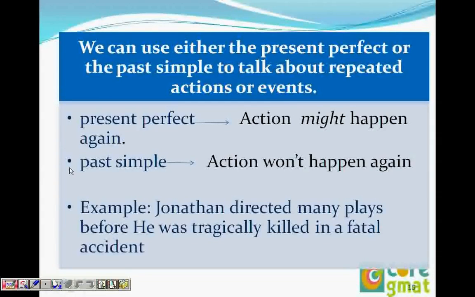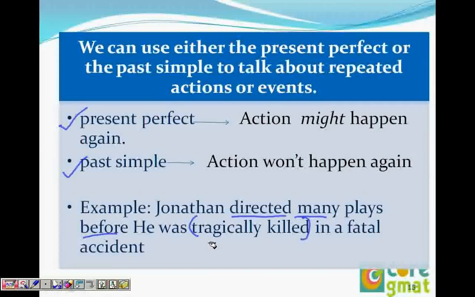We say, Jonathan directed many plays before he was tragically killed in a fatal accident. So when we say Jonathan directed many plays, this means he will not direct any more plays, because he was killed. Even without that, directed automatically means he will not make any further plays. If I use Jonathan has made many plays, that would mean it's been happening and it can happen again.